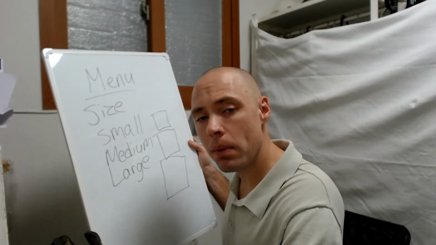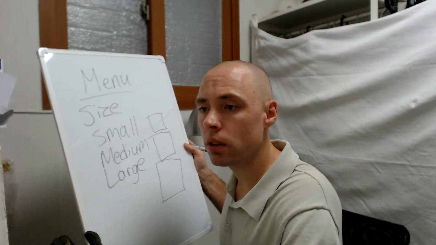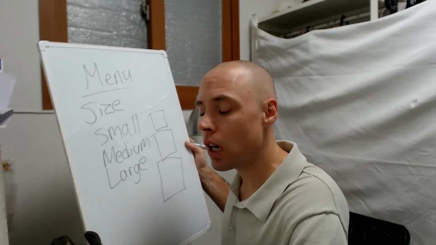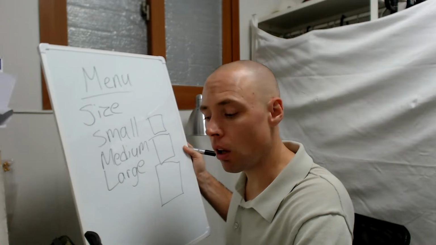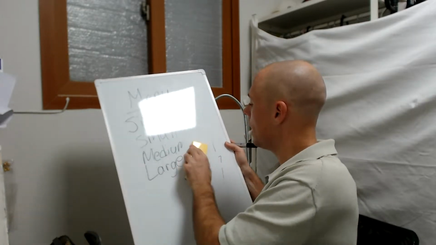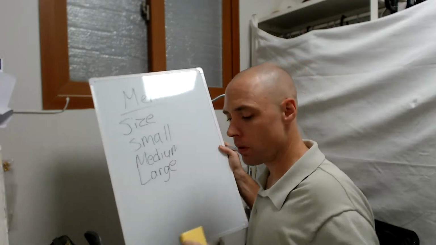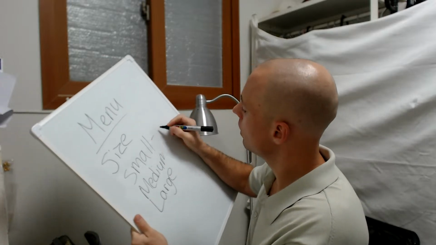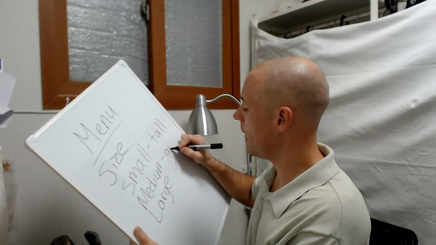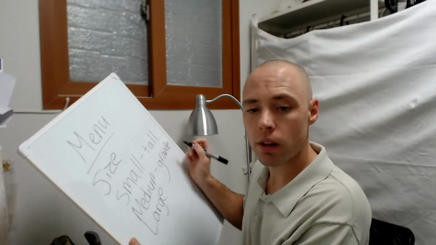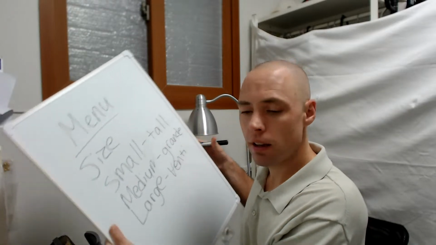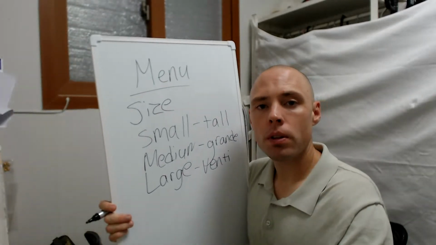However, the most famous cafe in the world does things a little differently. Starbucks. Starbucks does not use small, medium, and large. Instead, what they use is tall, grande, and venti. Take a look at that.